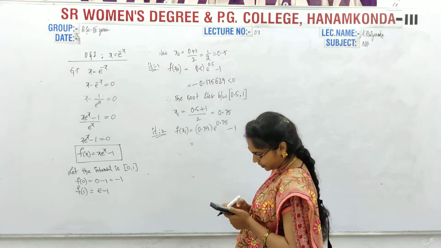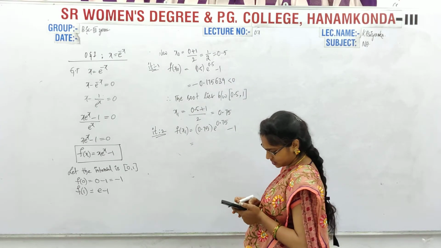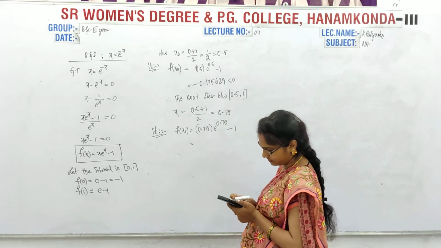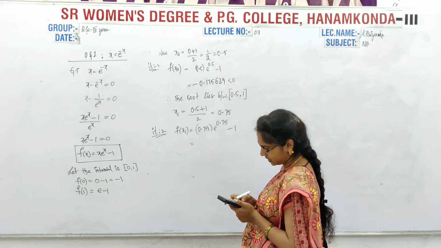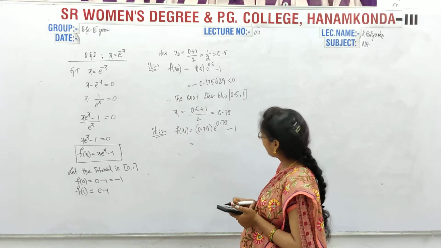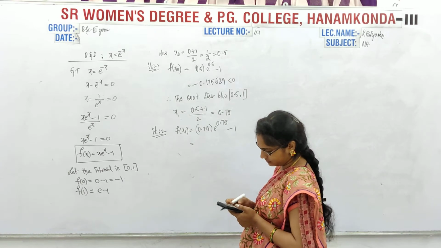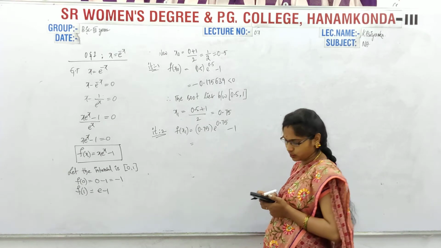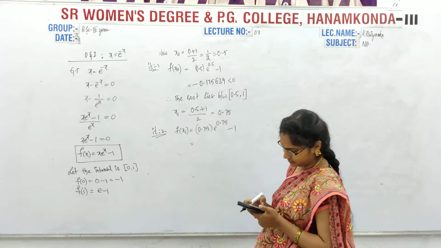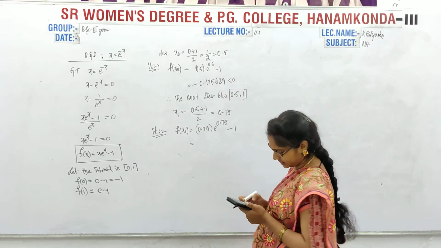First of all, here I am calculating e power 0.75. We have 2.117, and into 0.75, then minus 1.